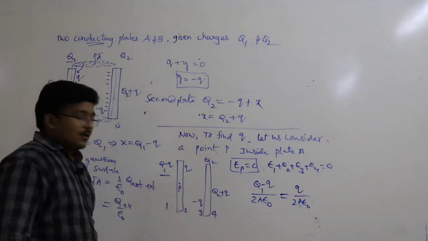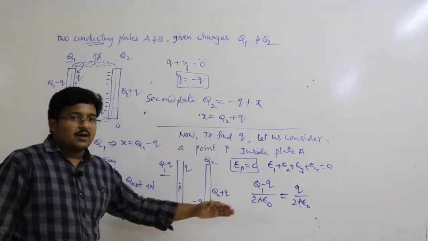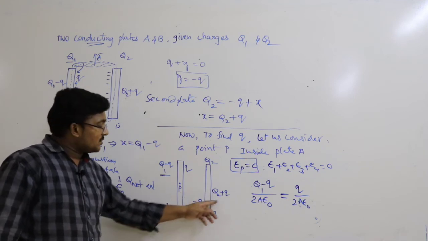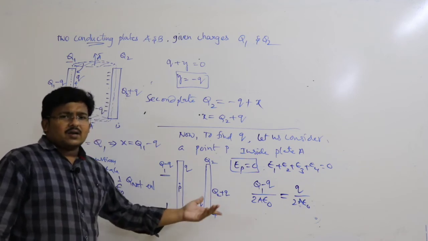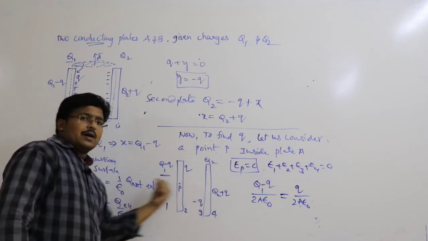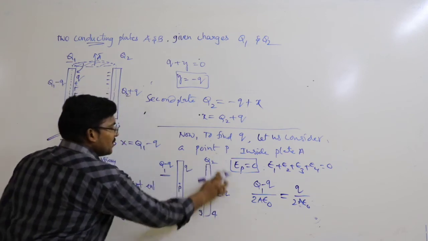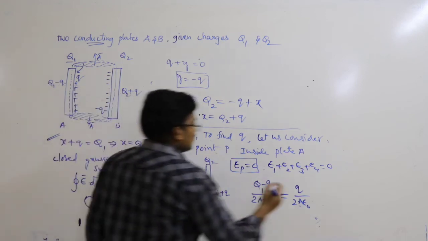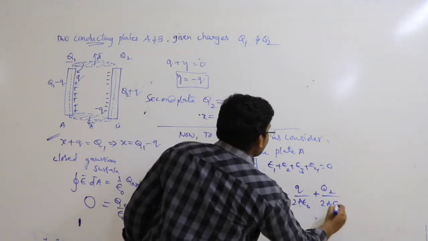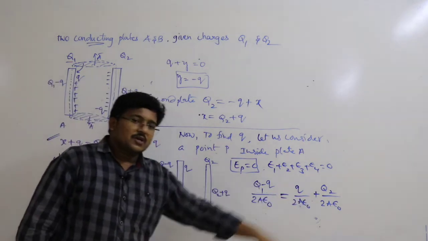I can take these two surfaces one surface at a time, or simply I am taking this entire plate. Q2 will repel the point P left side, so that electric field due to the entire plate is Q2 by 2A epsilon naught. So I can cancel, 2A epsilon naught cancels.